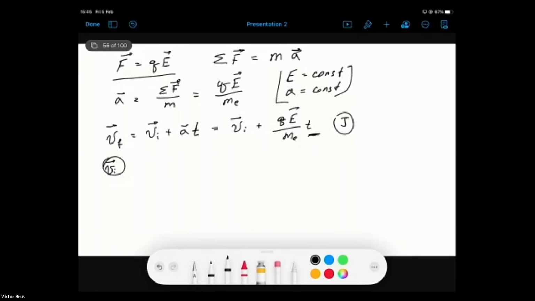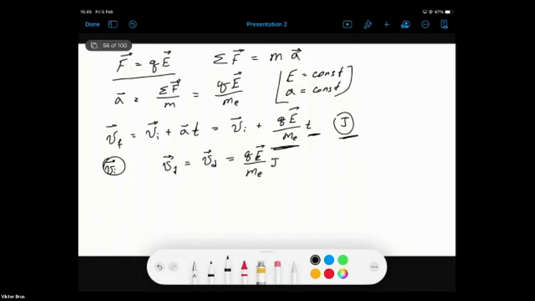So that's why we can write that the final velocity is equal to the so-called drift velocity, v_d, and this is equal to the second term times tau, the time interval between two successive collisions: Q times E divided by m_e times tau.